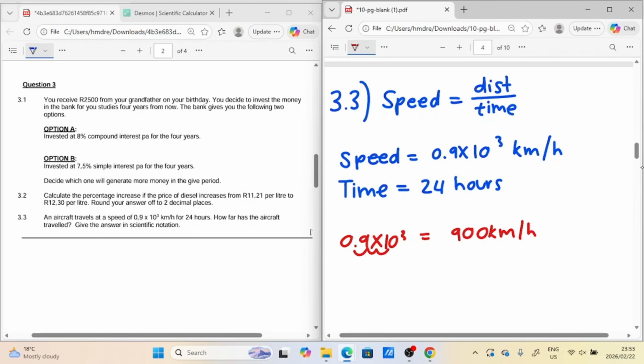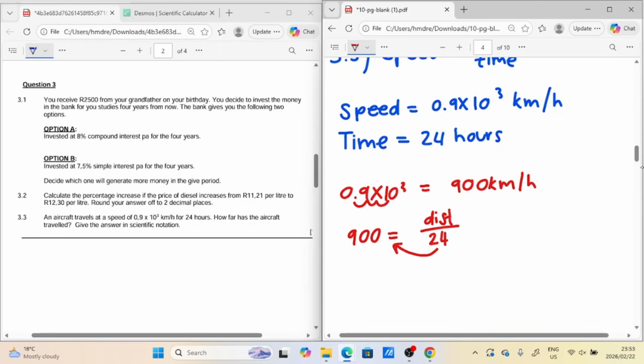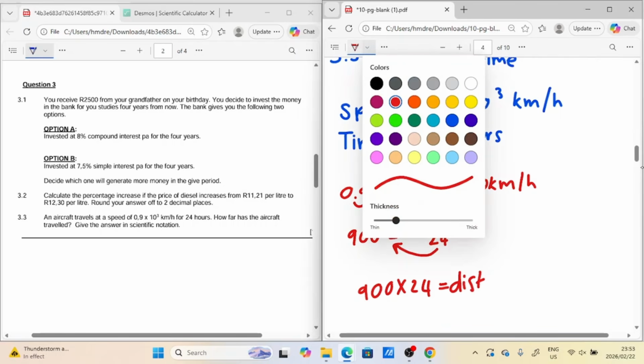So our speed is 900, distance is what we're trying to work out, and our time is 24 hours. When we take this across, we were dividing by 24, now we're going to times it by 24. So it's going to be 900 times 24 is my distance. Let's work that out then.